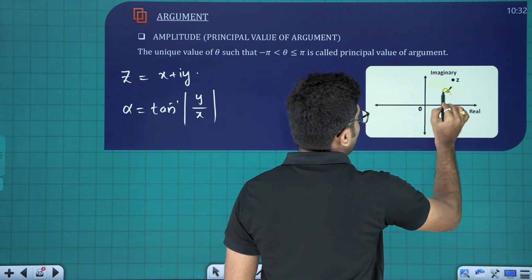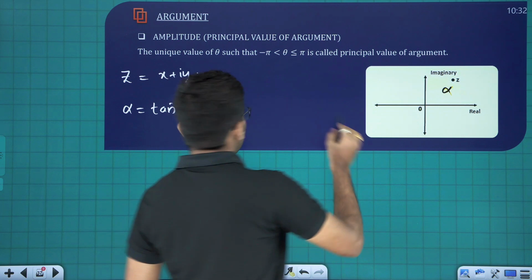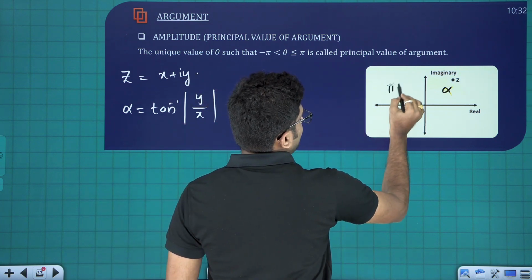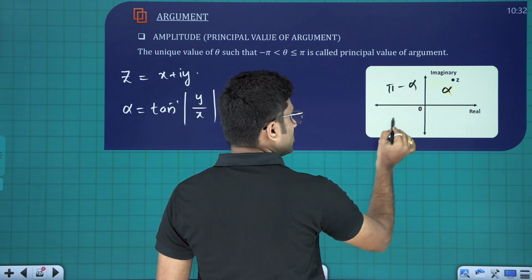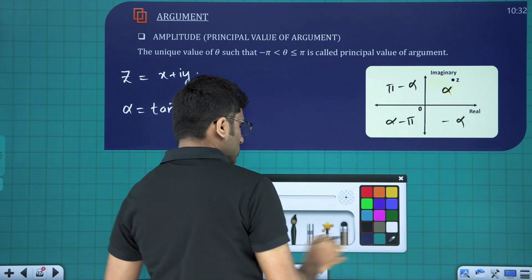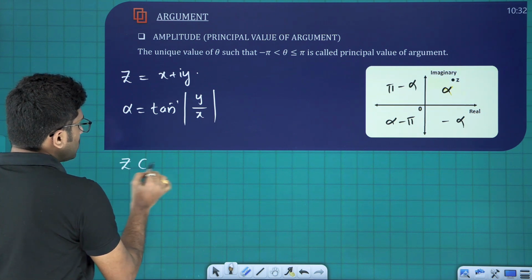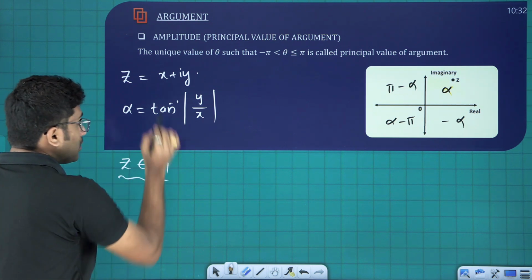If z lies in the second quadrant, then the argument is pi minus alpha. Third quadrant, alpha minus pi. Fourth quadrant, minus alpha.